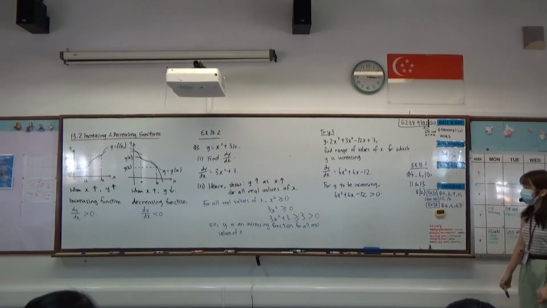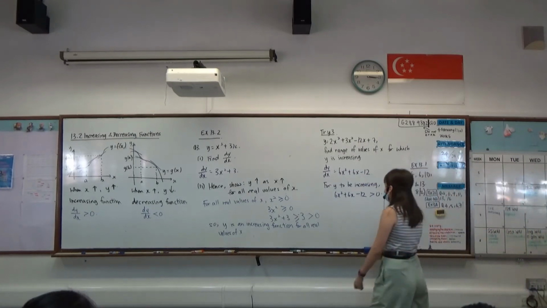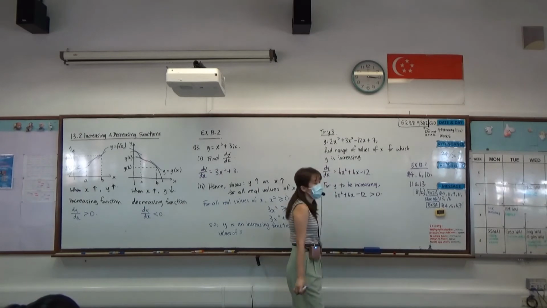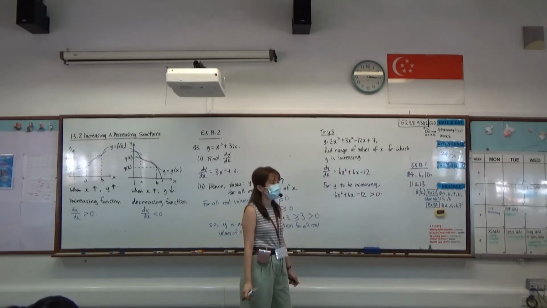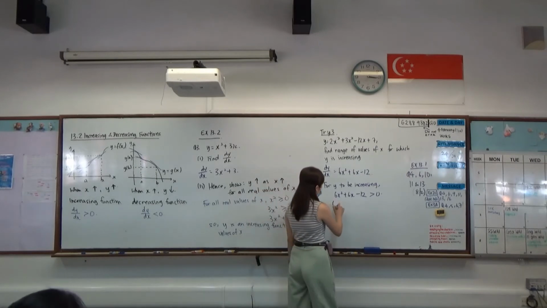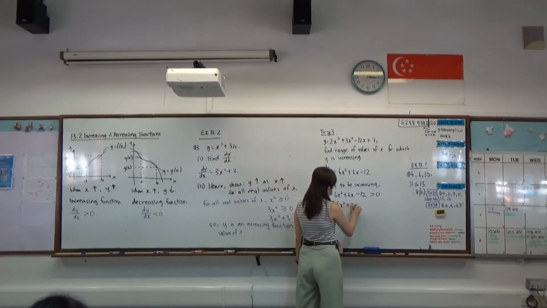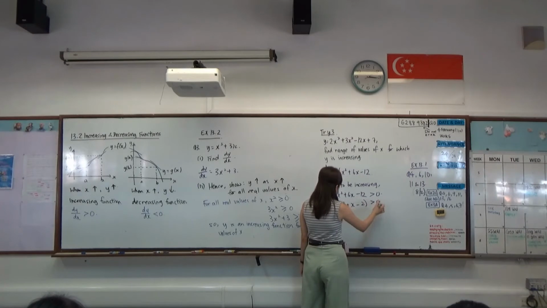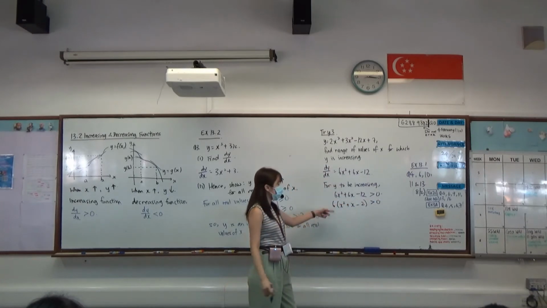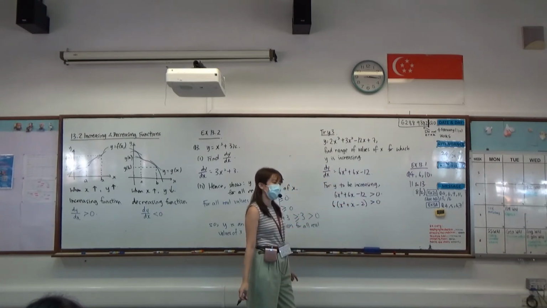Factorize. Factorize what? How to factorize? Okay, you can take out the 6 first. Then, can I remove the 6? Why cannot?